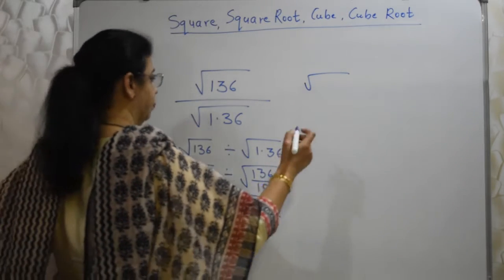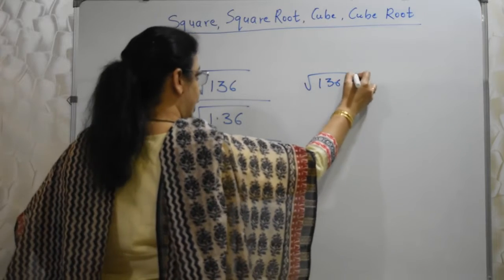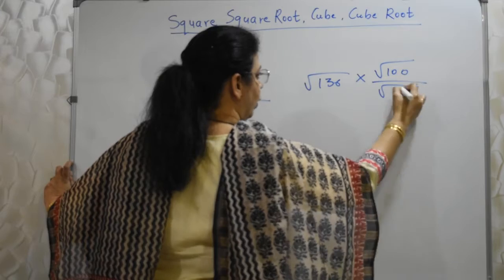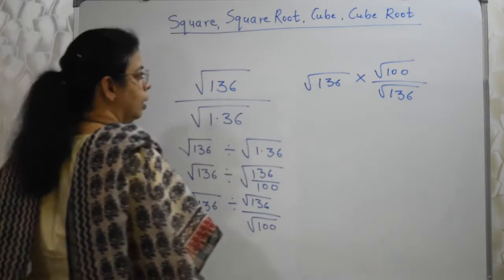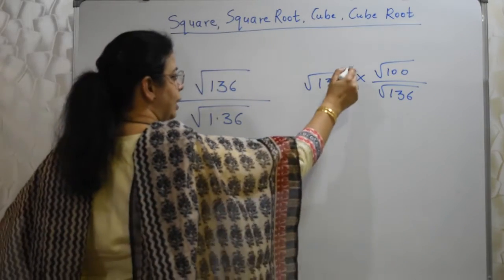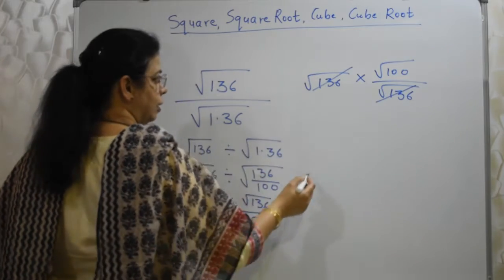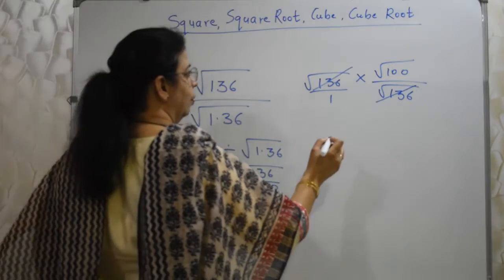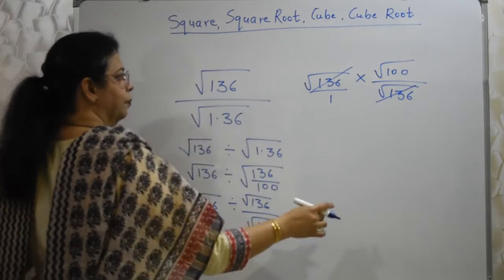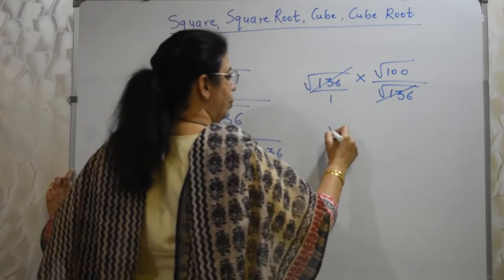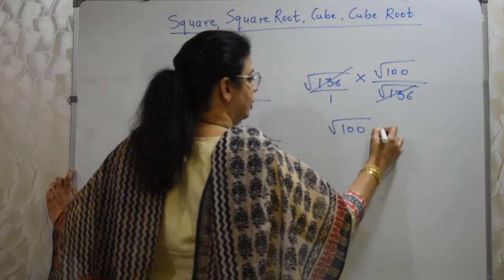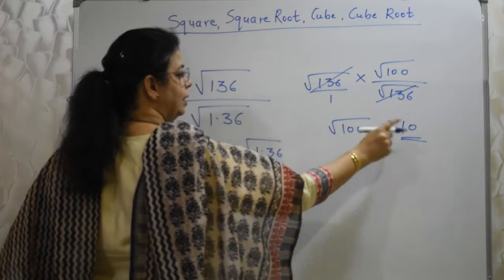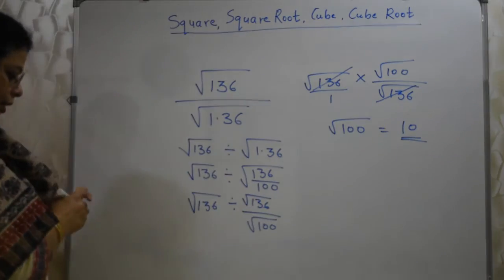So root 136 into root 100 will come up and root 136 will go down. Now your job is very easy. This goes with this because underneath this there is 1 which we normally don't write. But if you get confused, write it. It got cancelled. So what is left? Root 100, that is, square root of 100 is 10. So your answer is 10.